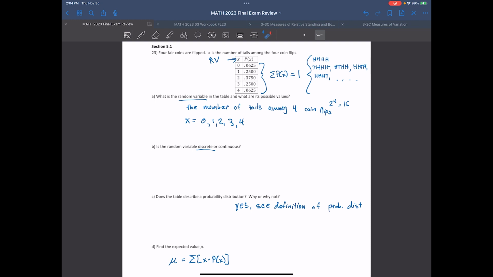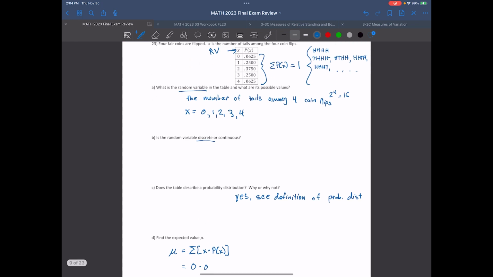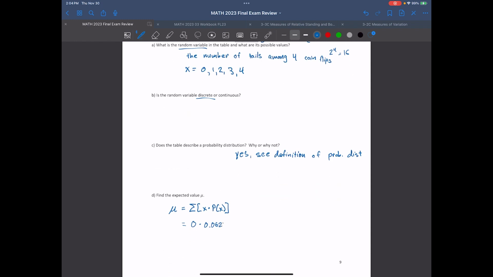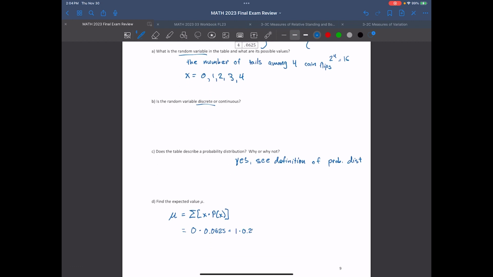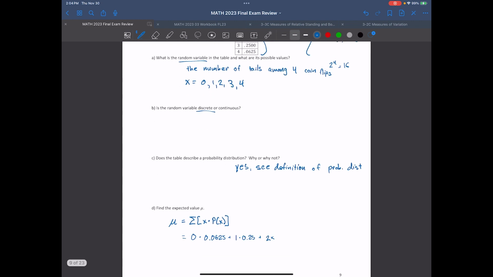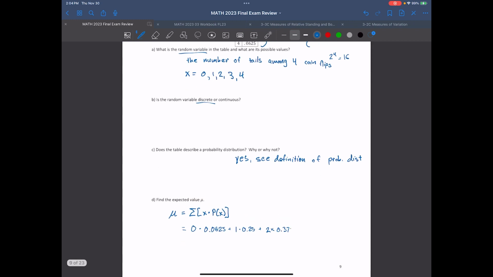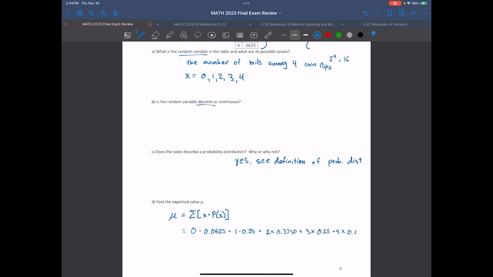So it's going to be 0 times 0.625, plus 1 times 0.25, plus 2 times 0.375, plus 3 times 0.25, plus 4 times 0.0625.